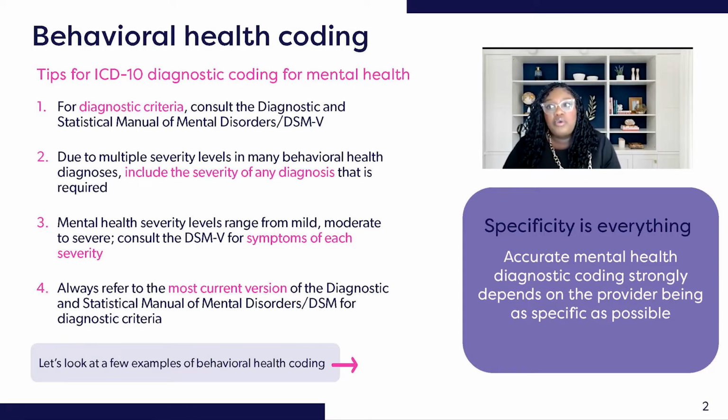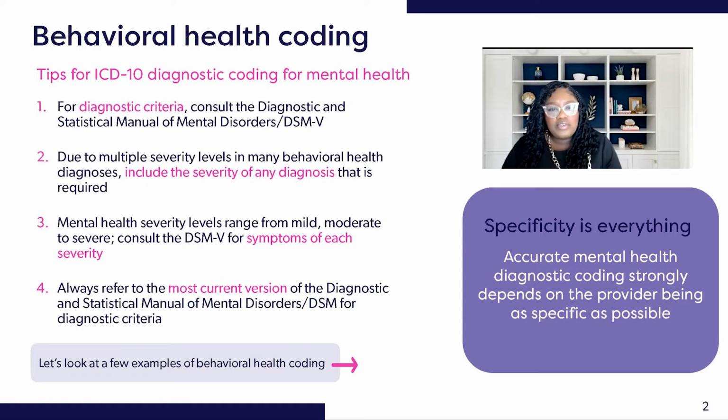Mostly all of those will have different severity levels: mild, moderate, severe. Some of them also are coupled with psychosis, even mania. And it's that same way with substance abuse as well. So you definitely want to make sure that you're identifying those severity levels because it can make a good difference, and we'll go into that.